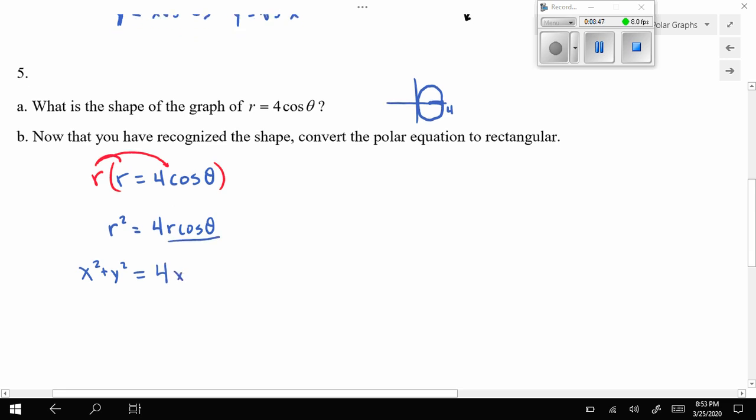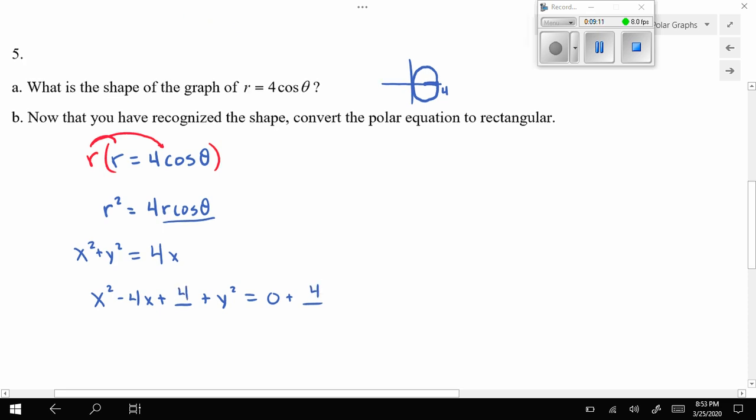Now, pertaining back to our conics unit, I could just put that into center radius form by completing the square. We have x squared minus 4x plus blank plus y squared equals, well, I subtracted that 4x over, so now it's equal to 0, but I have to add the blank on that side. And I get 4 and 4 as the magic number.